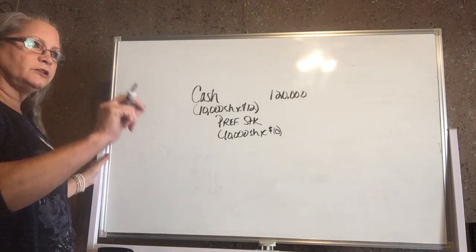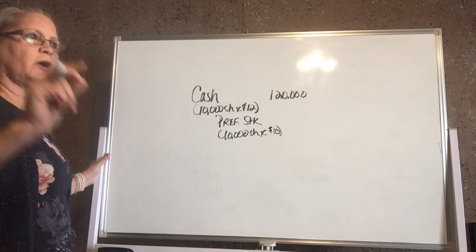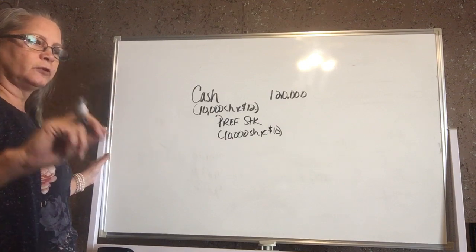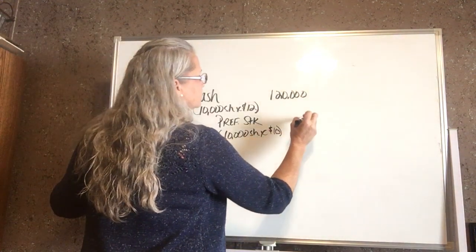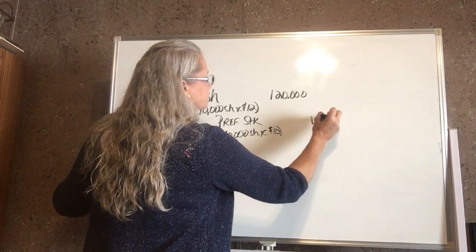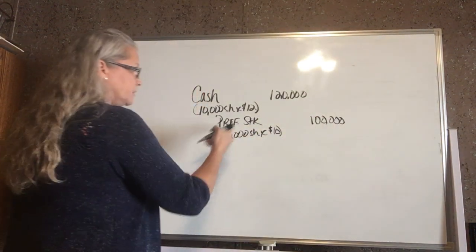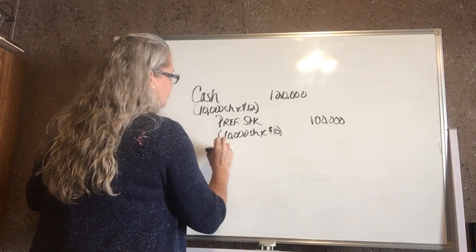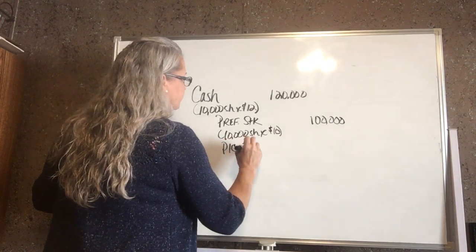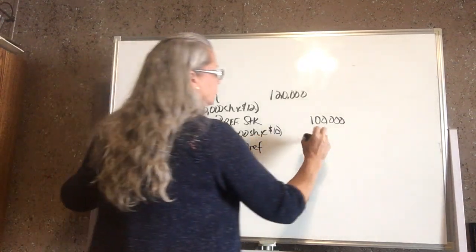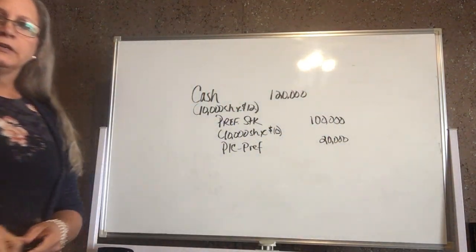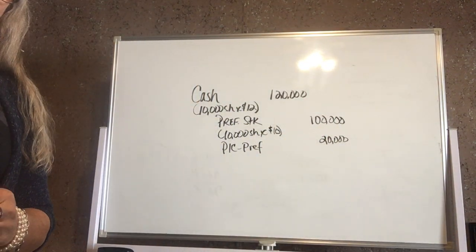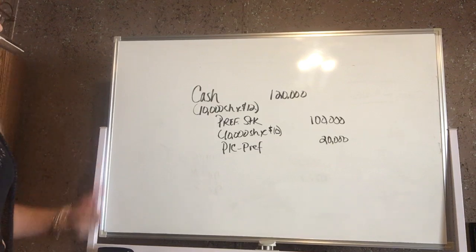So many authorized shares of common at this par, so many authorized shares of preferred at this par. So 10 times 10 would give us 100,000. The difference of 20 would then be pick on preferred. So the accounting is very, very similar, except now you're using the preferred terms instead of the common terms.